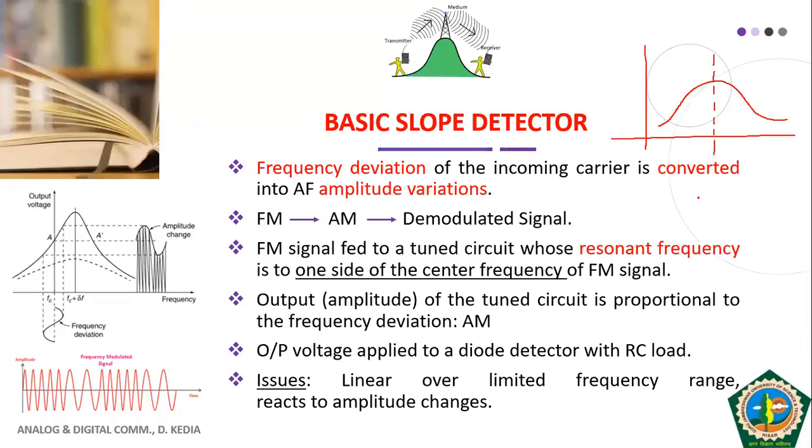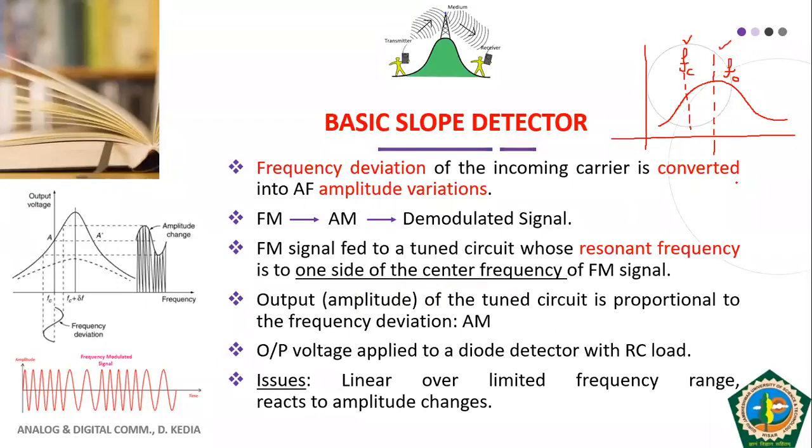Since it is a tuned circuit, this resonant frequency is indicated by, say, F naught, and then since we are using an FM signal, let us assume that the center frequency of my FM signal, that is the carrier frequency FC, is on one side of my resonant frequency. So this is how we maintain this carrier frequency on one side of my resonant frequency.